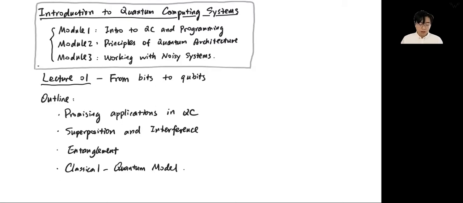So in this first lecture, we will be answering really 3 key questions. What does quantum computer do? There are certain types of problems that quantum computers are particularly good at solving, and we want to identify and understand what they are. And the second question we want to ask is why quantum computing?